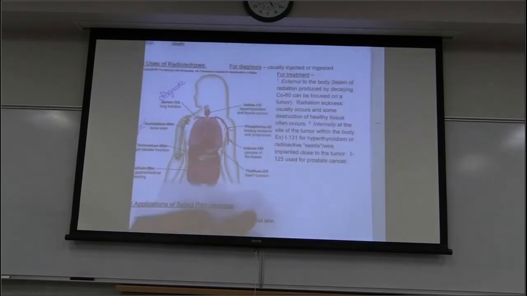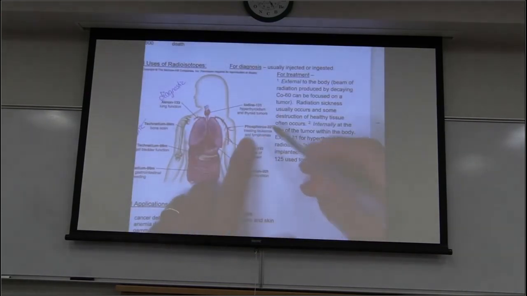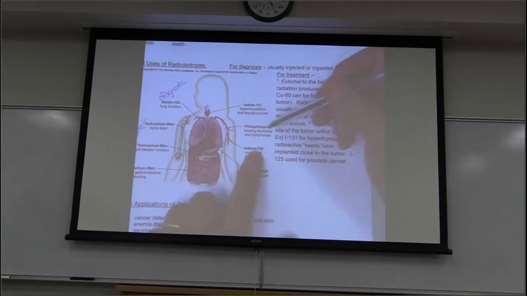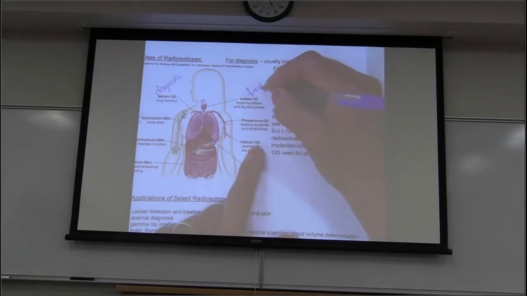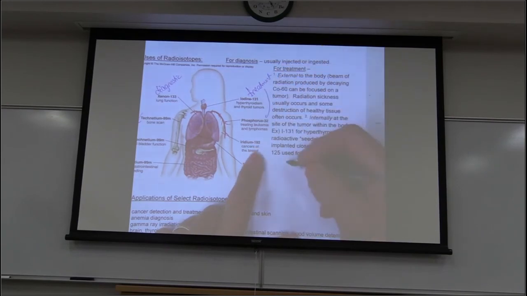Oh, one thing I do want to point out on that page that I didn't mention. We were talking about phosphorus-32. It is sometimes used to treat some leukemia and lymphomas. We've already talked about the iodine-131. So this is treatment. This is treatment.